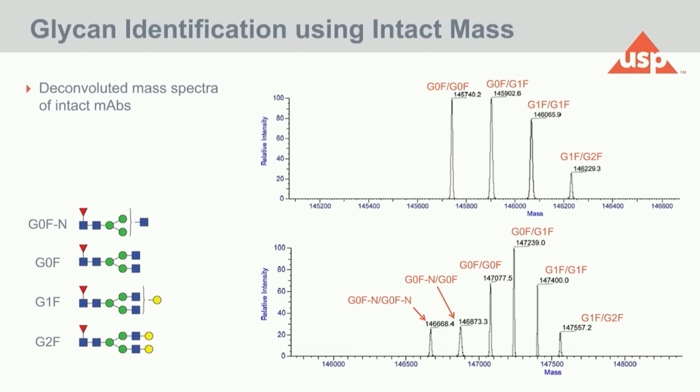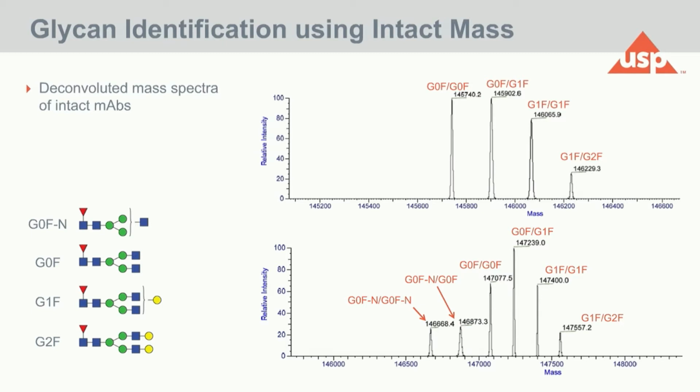So for the spectrum on the top, you can see that the predominant glycans are G0F and G1F. So the first peak is 2 G0Fs, the next peak is 1 G0F and 1 G1F. We have 2 G1Fs and a little bit of G2F.